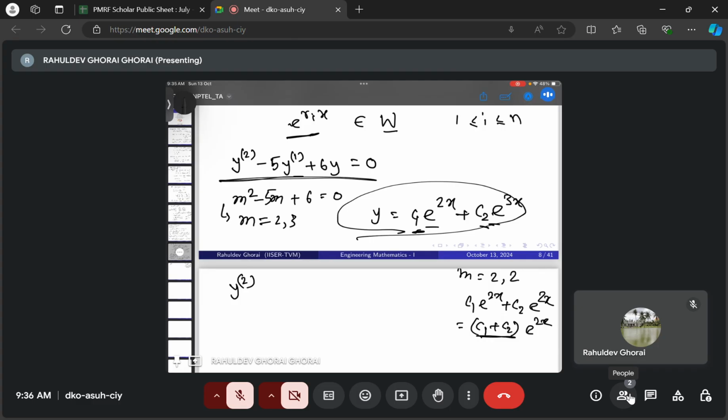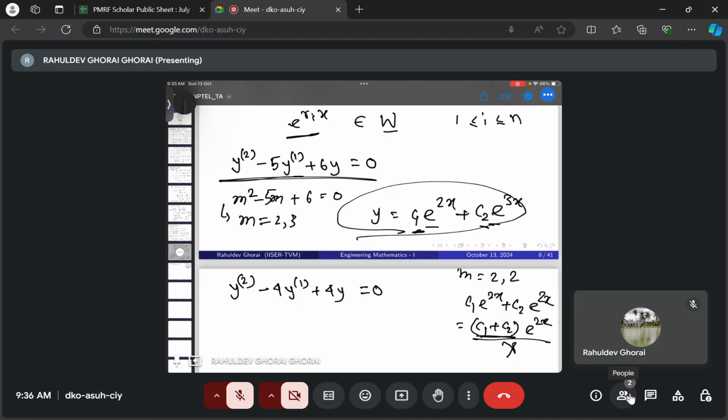In order to make sure of this, let's analyze it from the concept of vector spaces. Let's say you have this equation equal to 0. It is a linear, homogeneous differential equation.